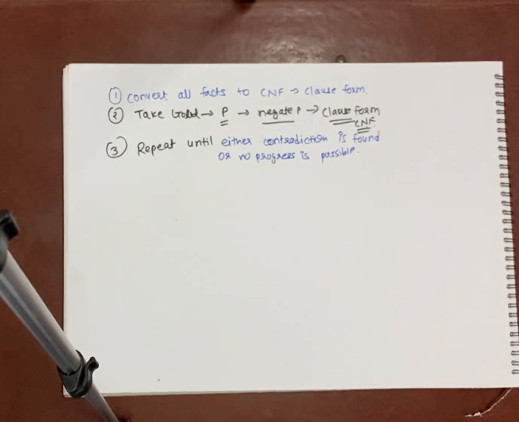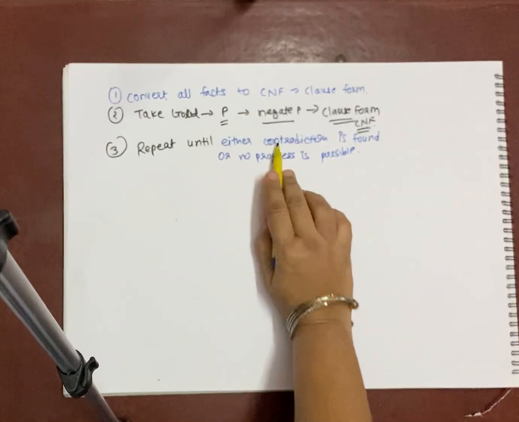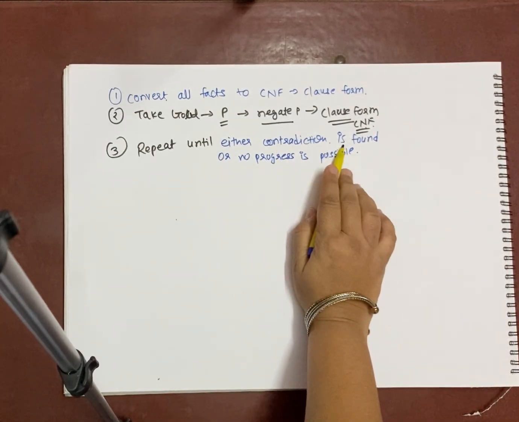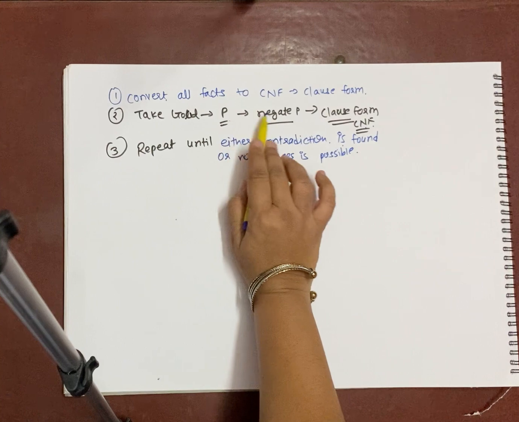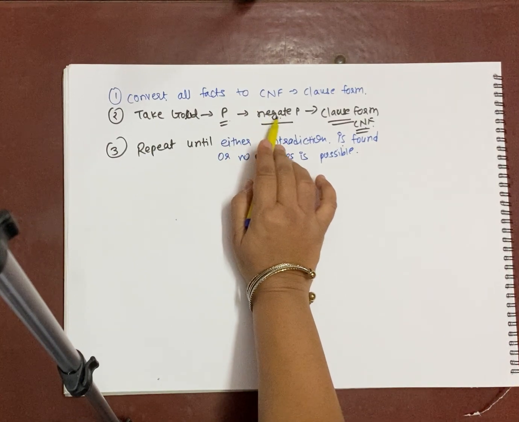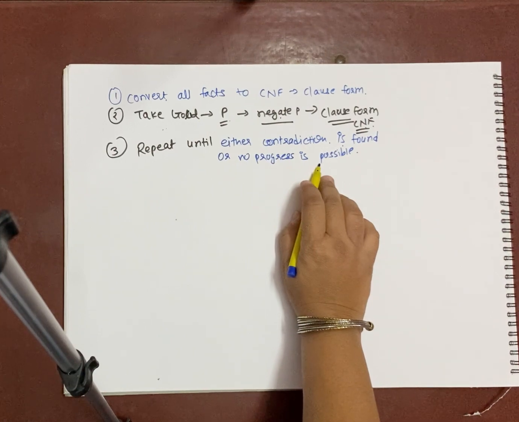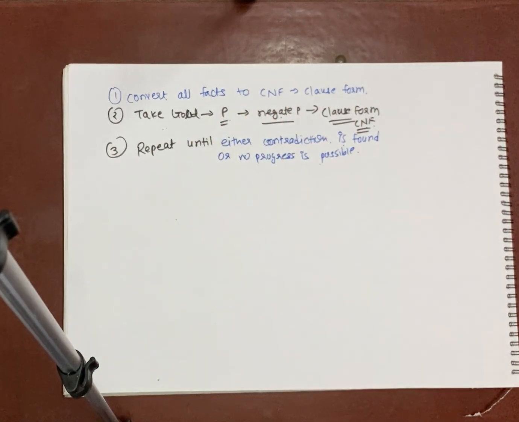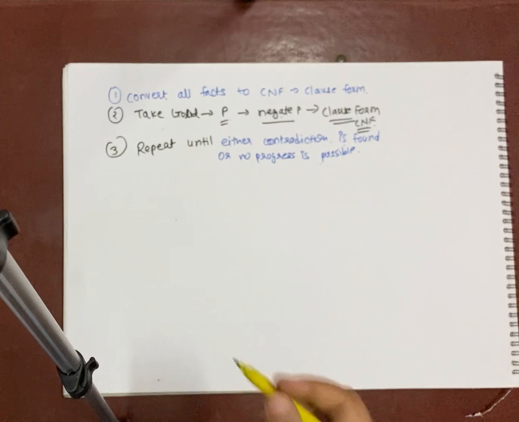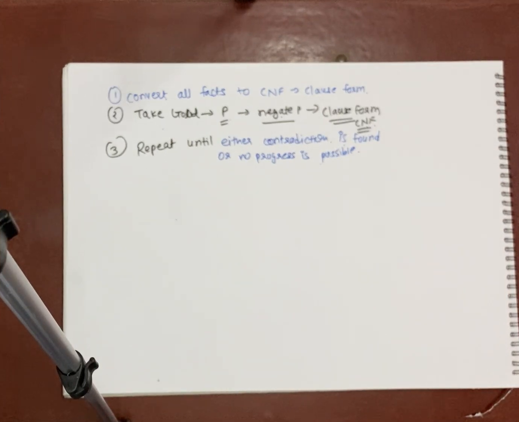Either contradiction is found or no progress is possible. If the contradiction is found, then we have proved that whatever we have assumed, that negated P, is wrong, and hence P is proved. And no progress is possible means you don't have enough facts available for proving whatever goal you have to prove. Okay, now we will move ahead inside the loop.